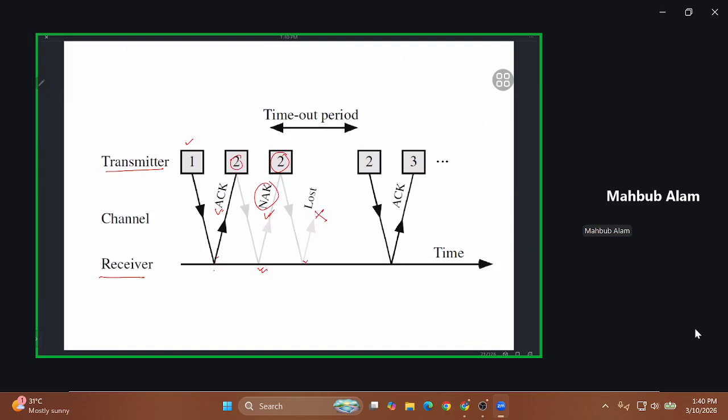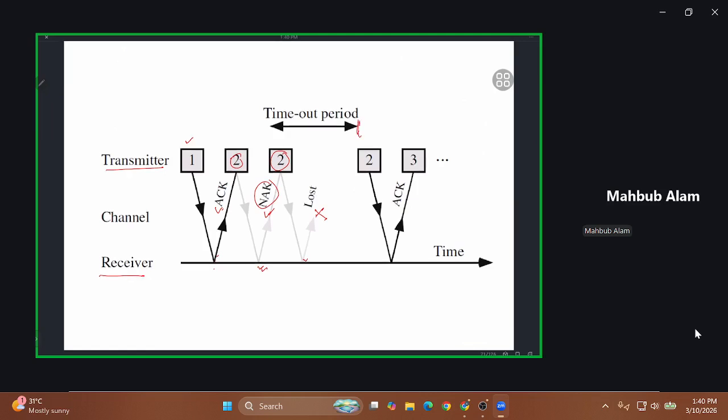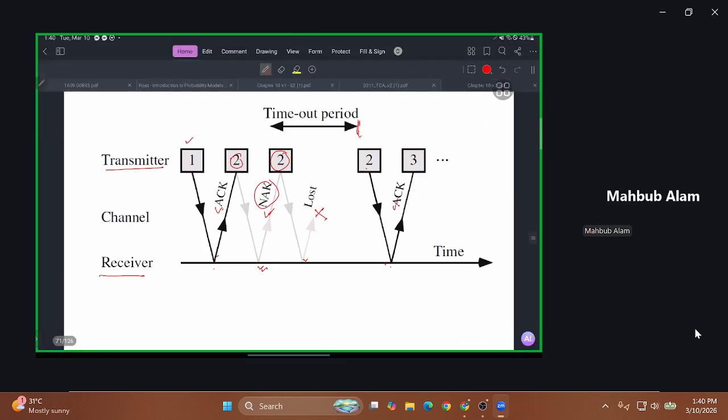Since the packet, the ACK or NAK, whatever it is, is lost, the sender does not know the fate of packet number 2, so it waits for timeout. Until the timeout, the station waits and then transmits packet 2 again. The receiver acknowledges this one, so we are here. This way, the transmission of packets from sender to receiver keeps going.